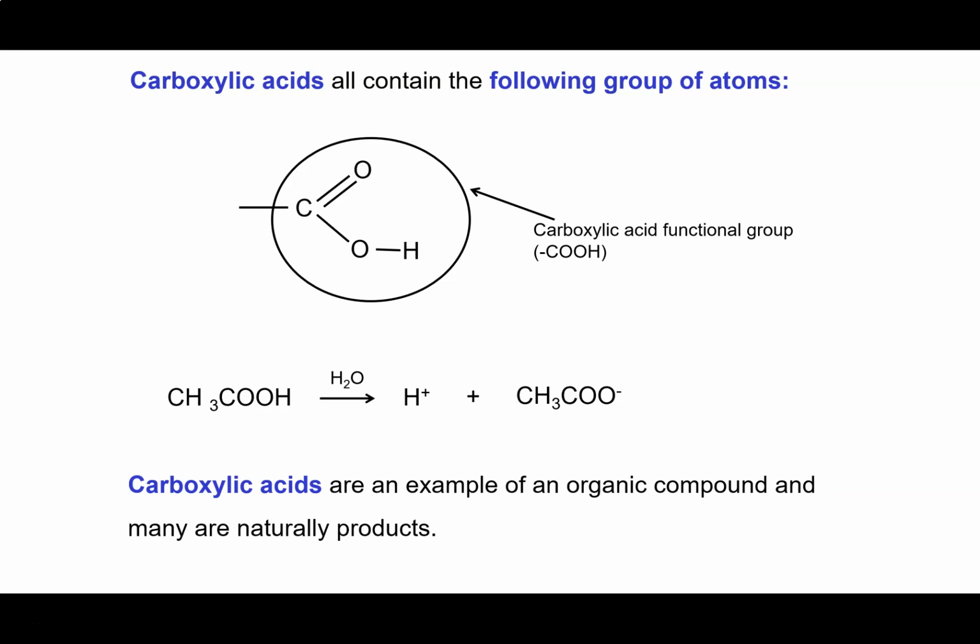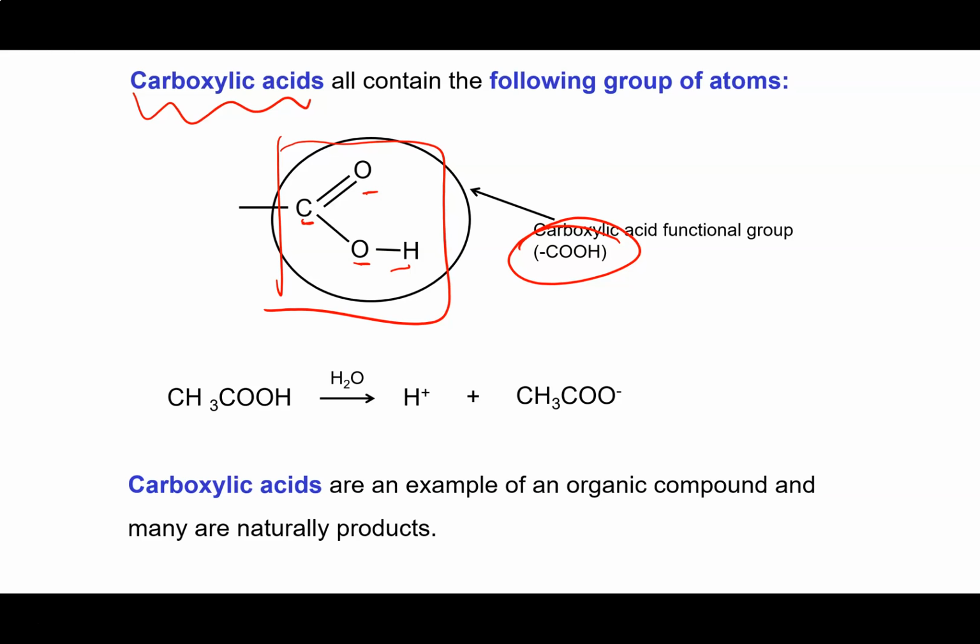There is another class of acids that you will hear about. These are called carboxylic acids, and it's very common in organic chemistry to talk about them. You can recognize them from their formulas because they all contain this group of atoms: one carbon, two oxygens, and one hydrogen, commonly written as COOH.